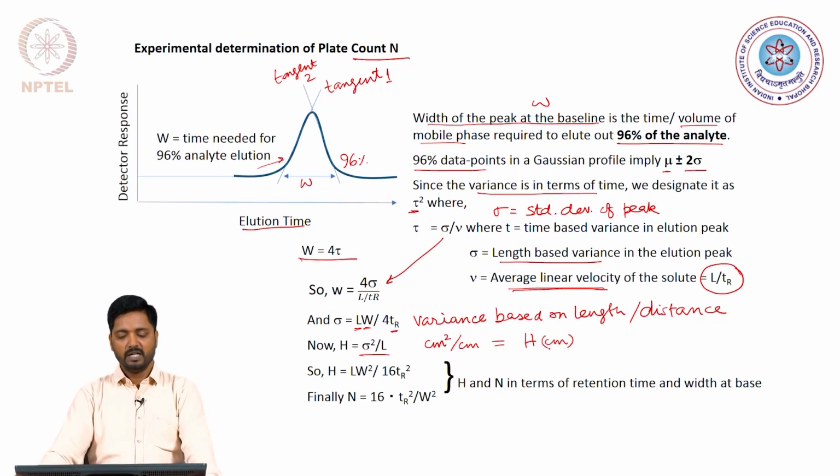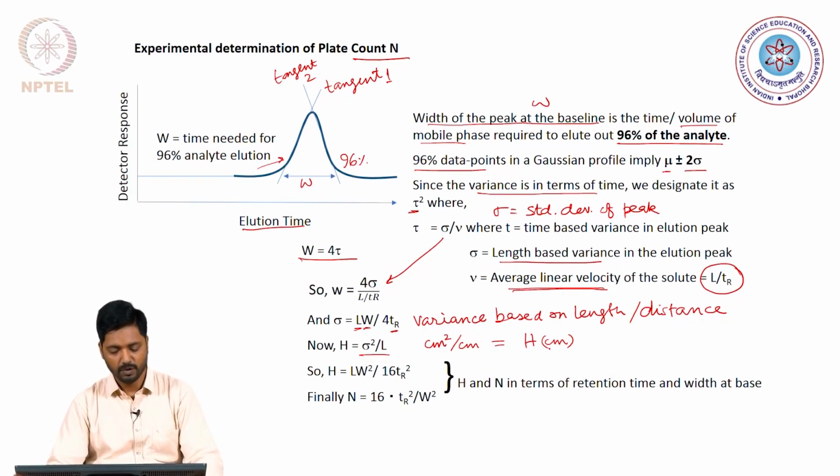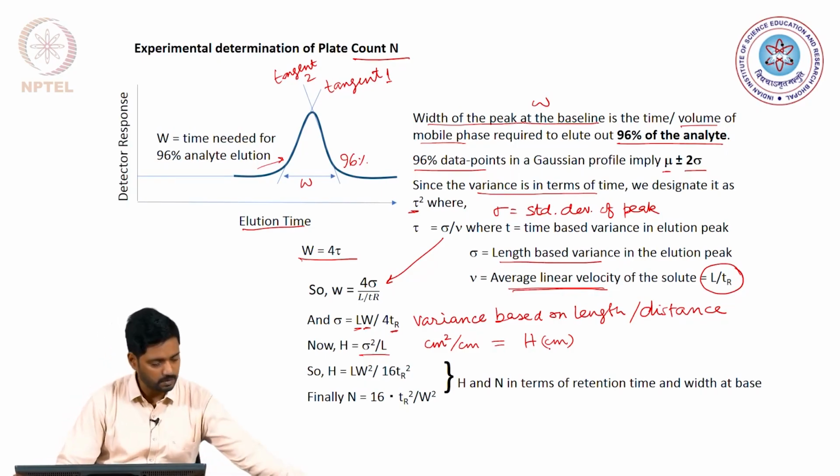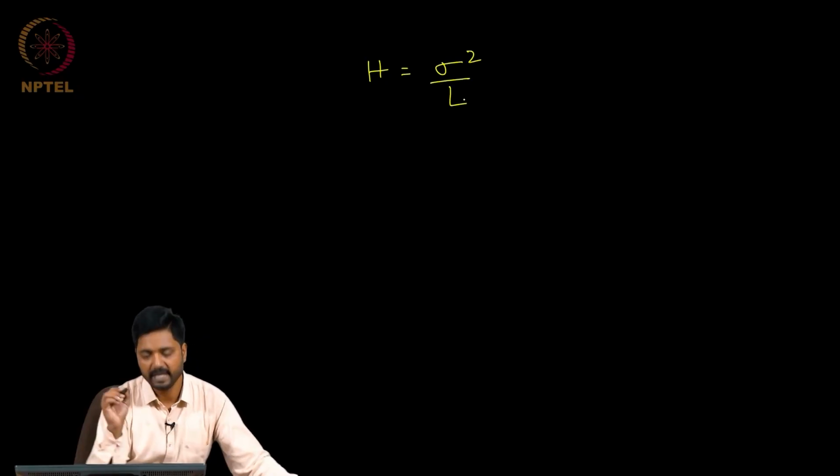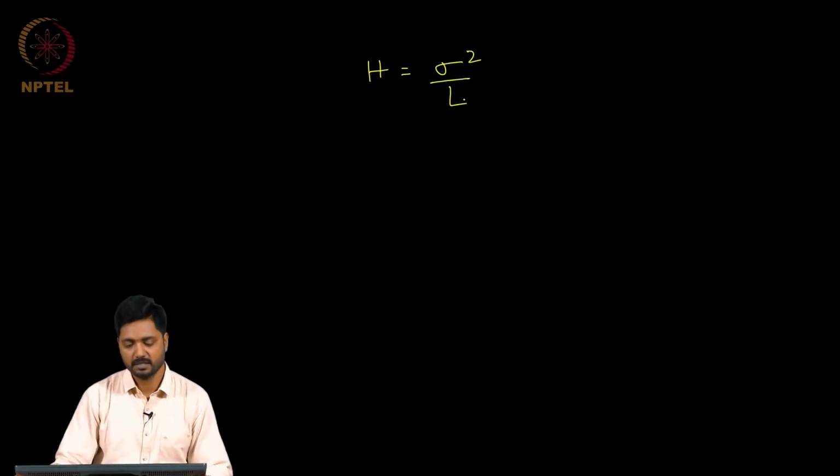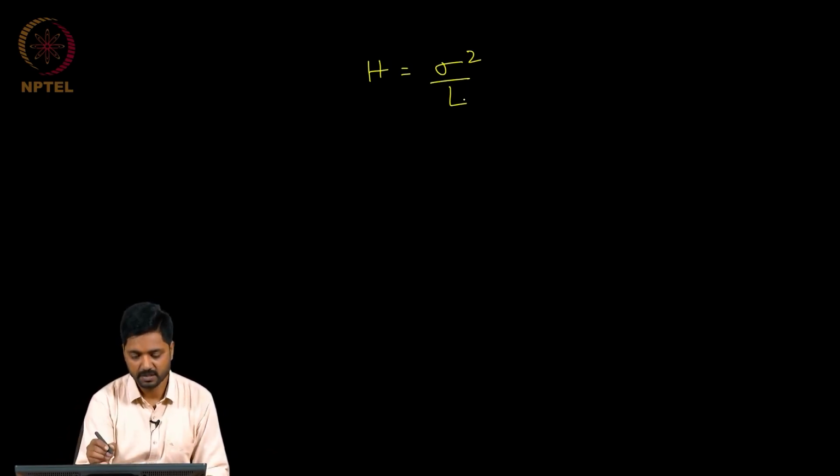So, when we insert the sigma value here, what we observe is, let us go to the board, that h is equal to sigma square by L is what we described our height of the plate as.